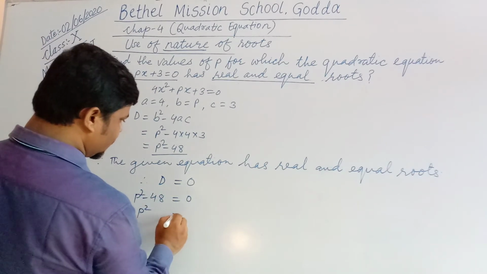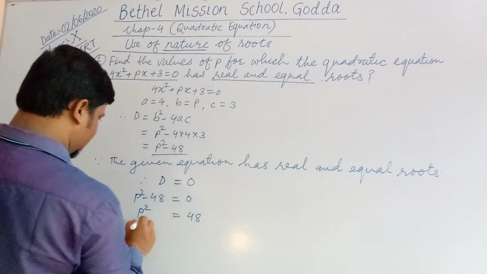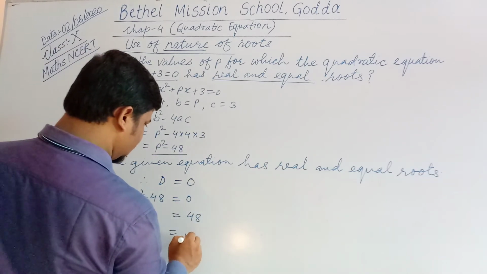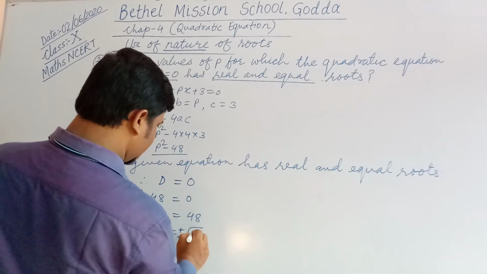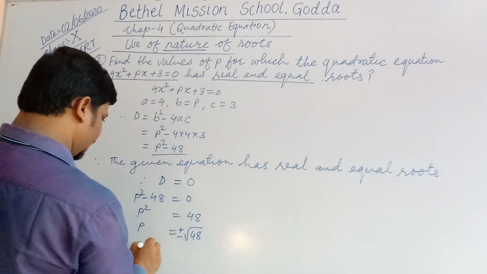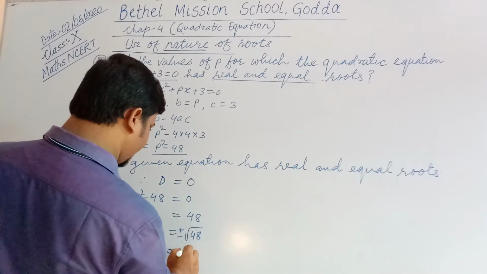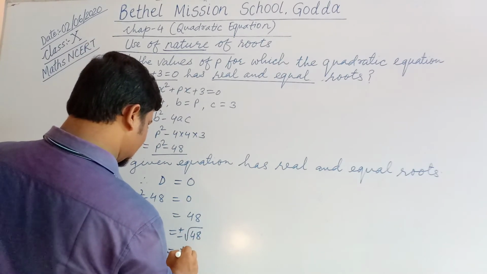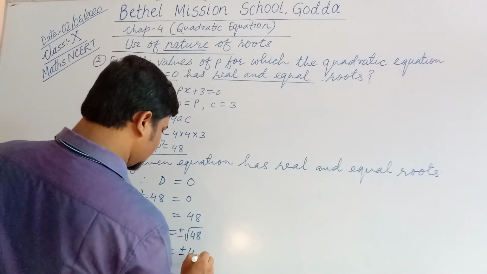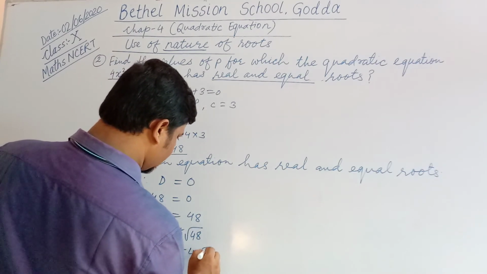P square equal to 48, p equal to plus minus under root 48. 16 3s are 48, so plus minus 4 under root 3.